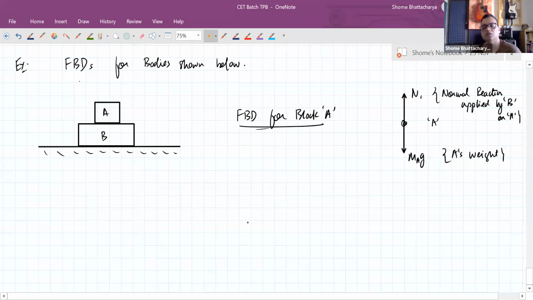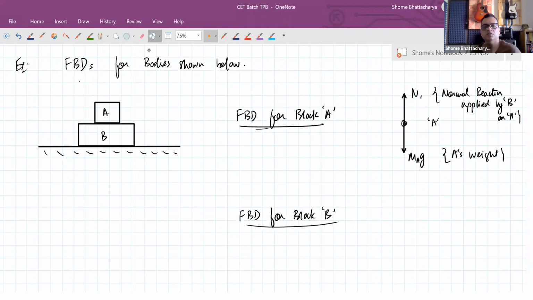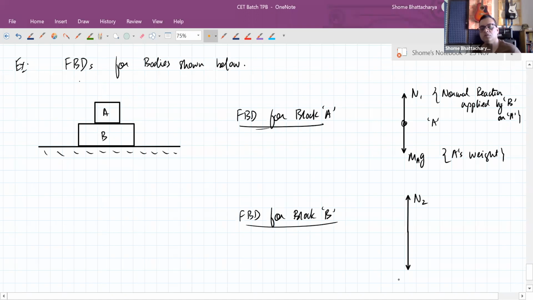Okay. There's also another object in the diagram. So let's make that one's free body diagram. So again, we will show it as a point mass, but there will be three forces acting on that point mass. There will be normal reaction applied by the ground. There will be its own weight.